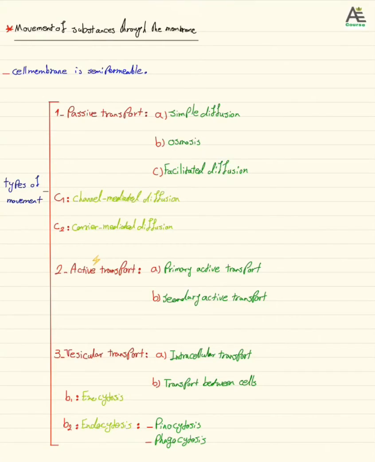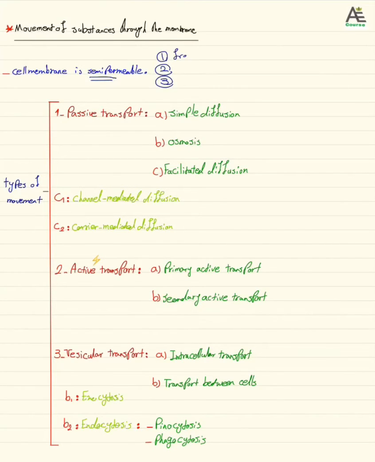Today's lesson is about movement of substance through the membrane. First of all, we should know that we have three types of membrane: free permeable membrane, impermeable membrane, and semi-permeable membrane. Free permeable membranes are those that all the substances can freely transport through.